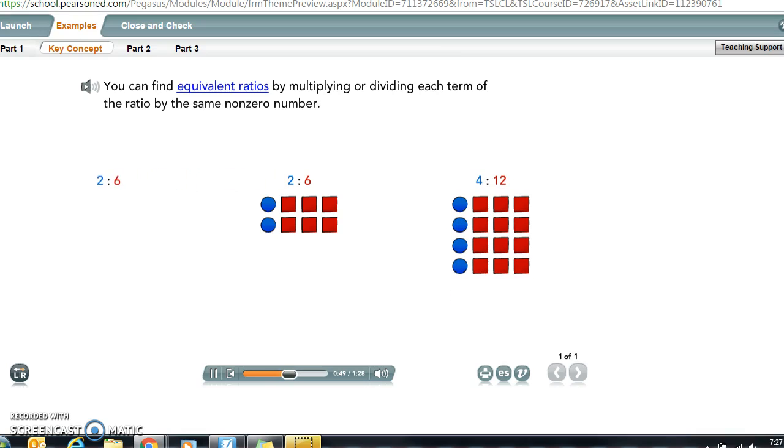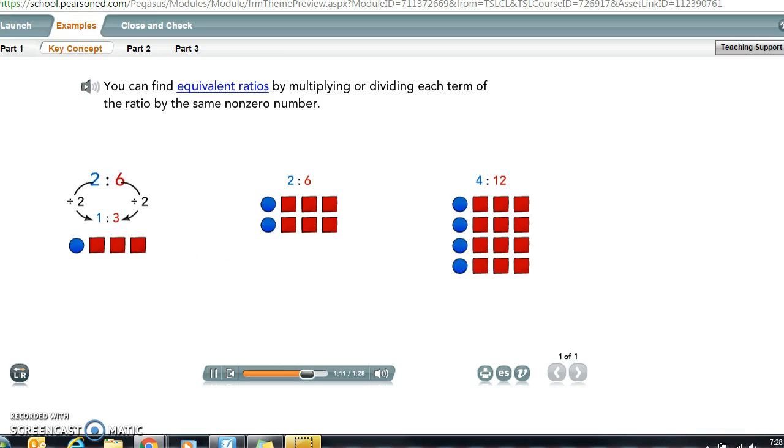To find an equivalent ratio by dividing, divide each term of the ratio by the same non-zero number. You can divide each term by 2. First, divide 2 by 2. Then, divide 6 by 2.